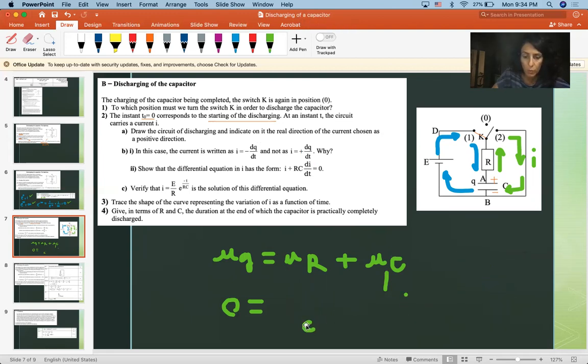We're sure about the 0 on the left. So I'm going to keep this to be Ri. By the way, if you look previously, I exchanged UR and UC. And I'm going to replace this by Q over C.